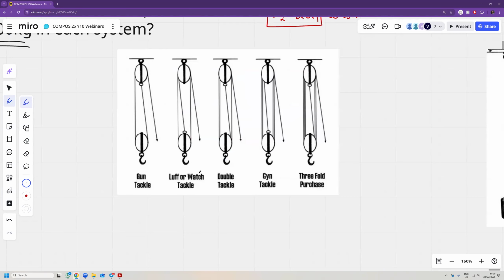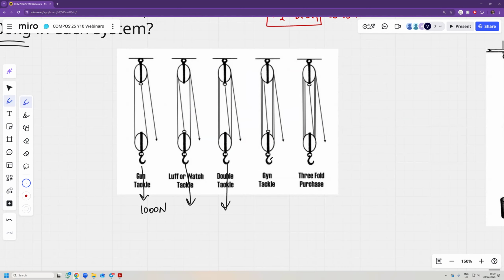Okay, let's look at these. If you have 1,000 newtons attached everywhere, how much force do you need here? Well, you already know the trick. You just count the ropes. This mass is being supported by two ropes, so you need 500 newtons of force here. This mass is being supported by three ropes, so you need 333 newtons.